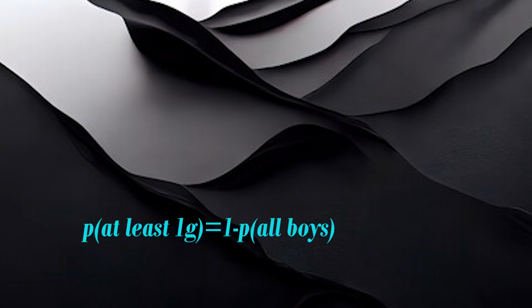That means just 1 minus probability of all boys. So 1 minus 1 over 21 is totally 20 over 21. Probability of at least one girl is 20 over 21.